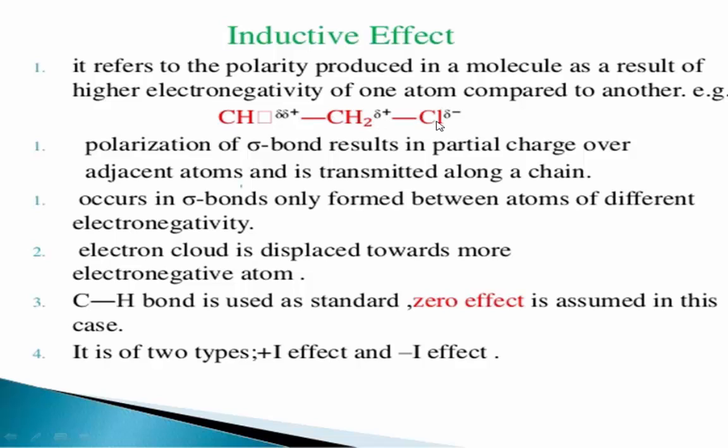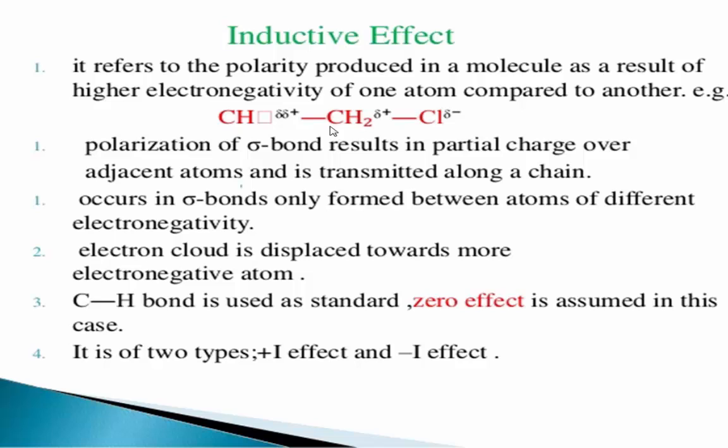Yes, here Cl is one of the more electronegative atoms, therefore it accepts the electron. If it gets the electron, then it gets a partial negative charge, and the carbon atom which gives the electrons gets a positive charge. Is it right? Another important point: if the distance from the more electronegative atom increases, then inductive effect decreases, remember.